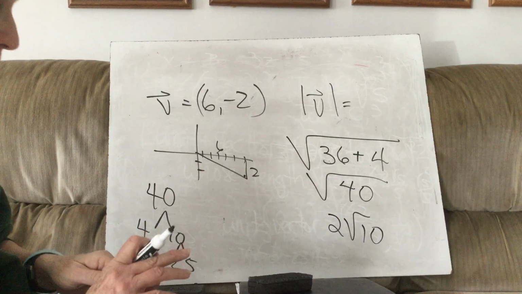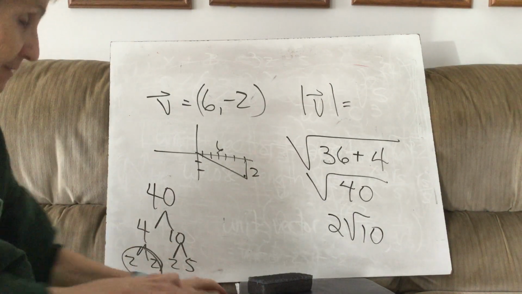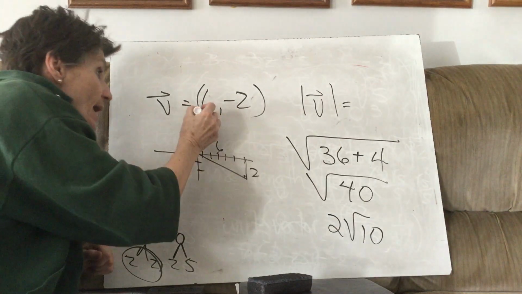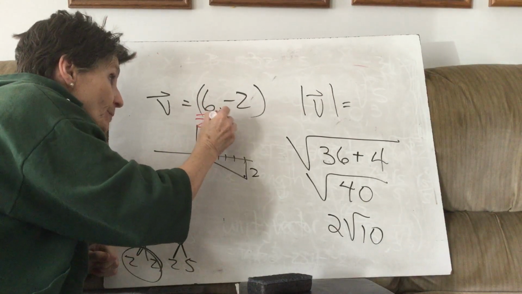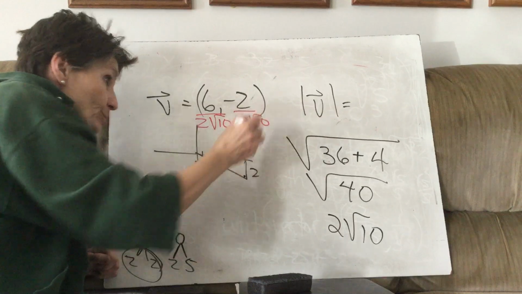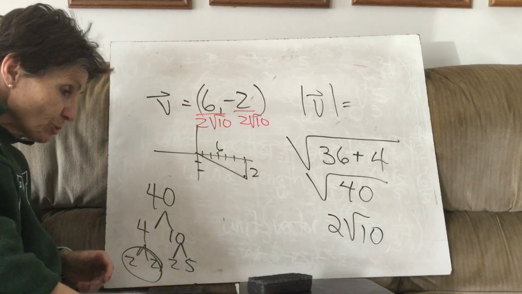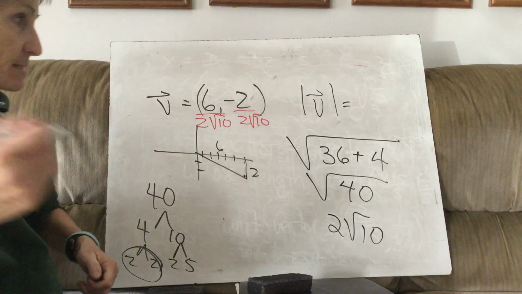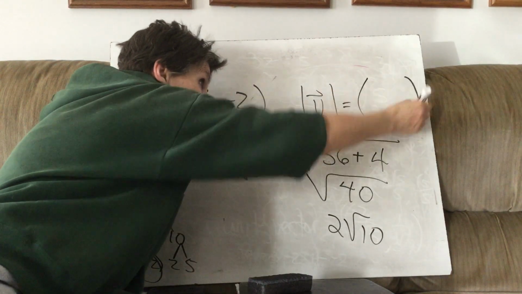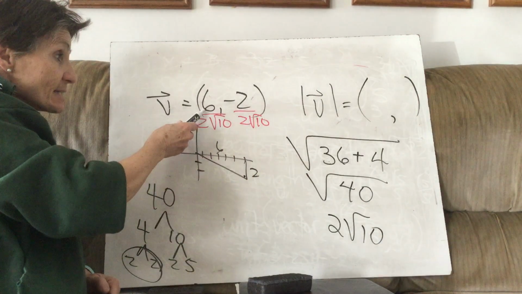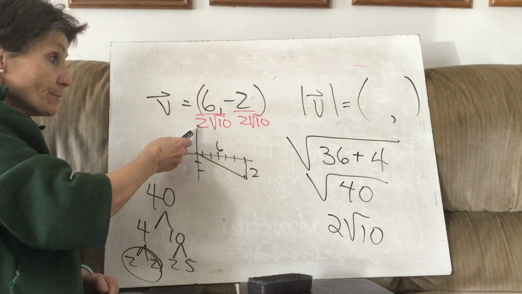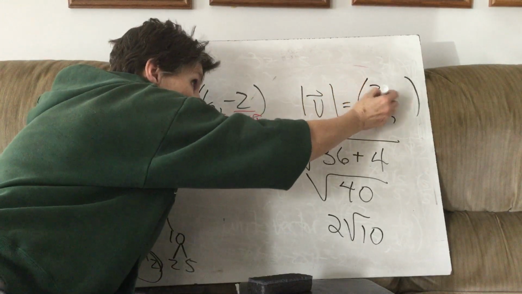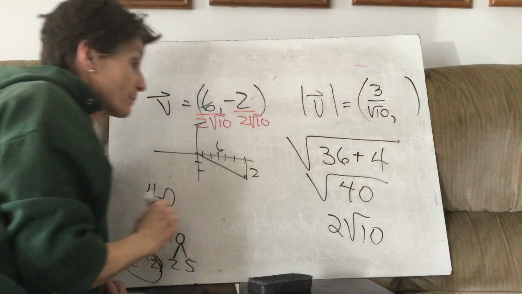So then to find our unit vector, we take the original coordinates we had and divide each one by 2 root 10. Now, a minute ago, I told you I expected you to do all simplification in terms of canceling. So that's going to happen in this problem because you have a 6 over a 2. So the 2 is going to go into 6 and leave you with 3 over root 10.